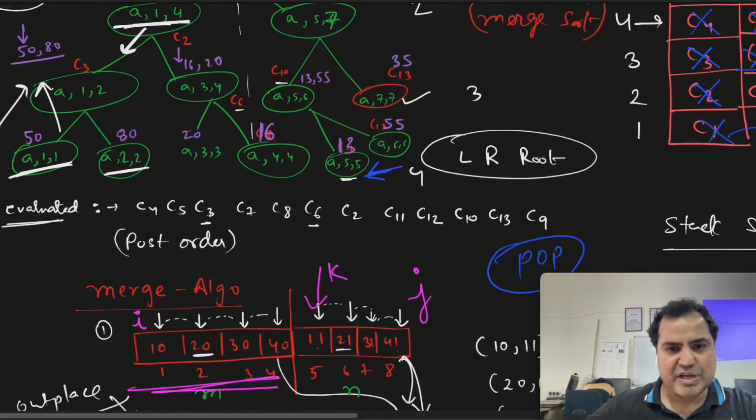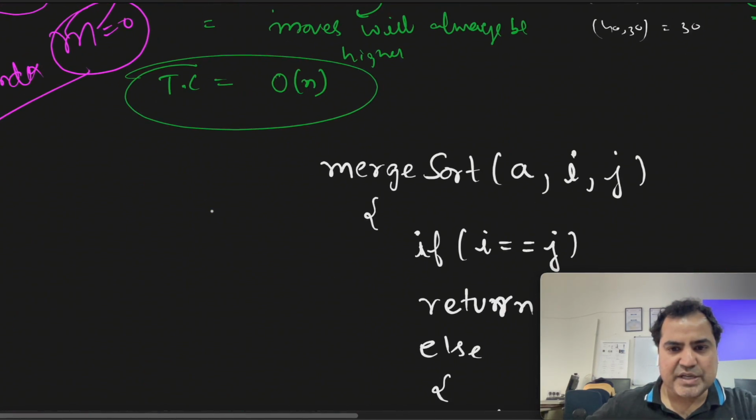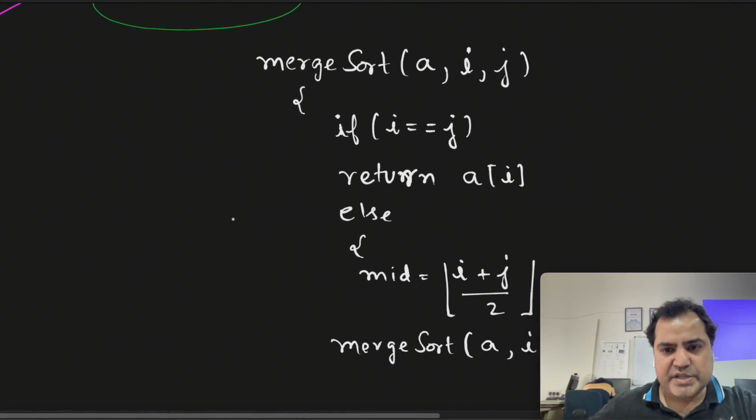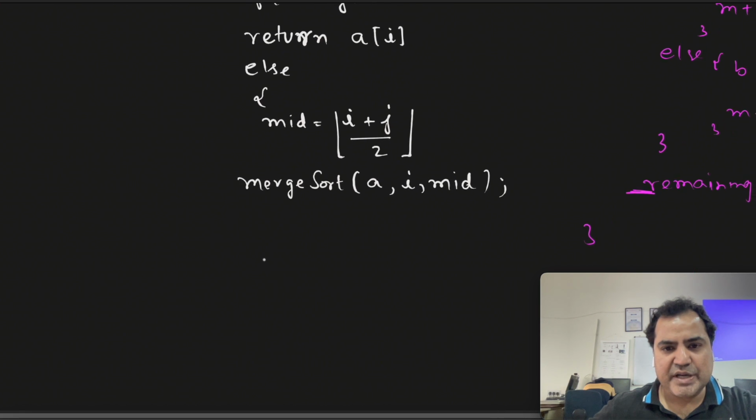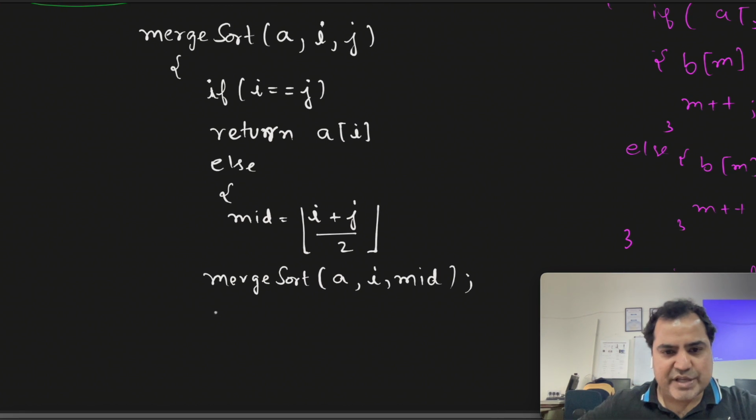These all things have been explained in the last video. Then again call the same algorithm, merge sort, with A, then mid plus 1, the next element, till j, right?